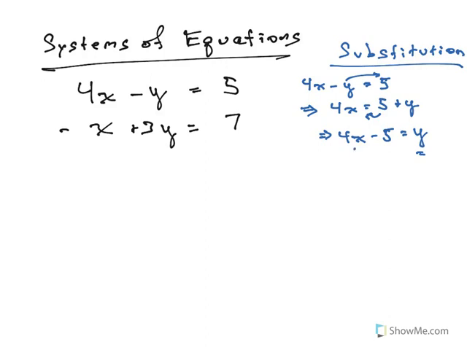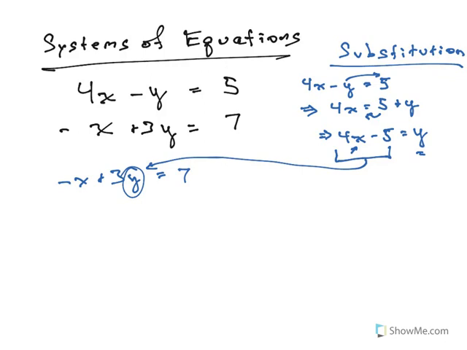And there we go. I've solved one of the equations for one of the unknowns, for the y. If I happen to know the value of x, then I would have an answer for y. I'd have a number. But I don't have that value yet. The second step of substitution says, once you've found one of the unknowns in one of the equations, plug that thing into the second equation. So now I'm going to take the second equation, minus x plus 3y equals 7, and everywhere I see a y, I'm going to plug this thing into it.